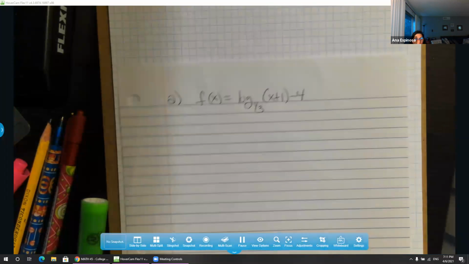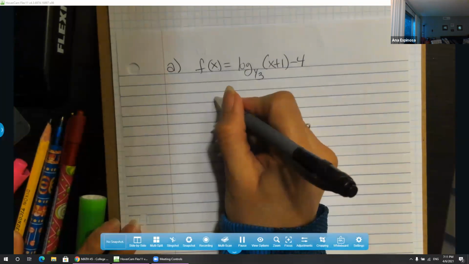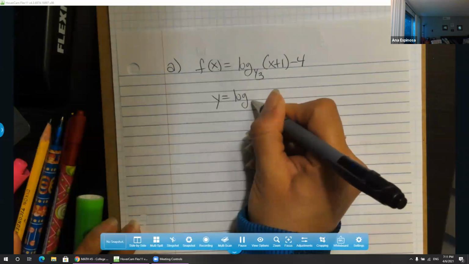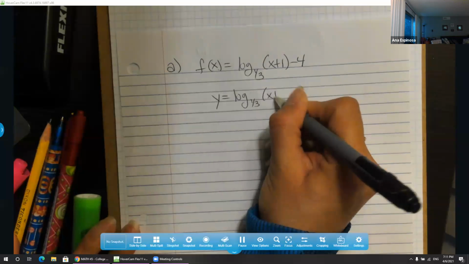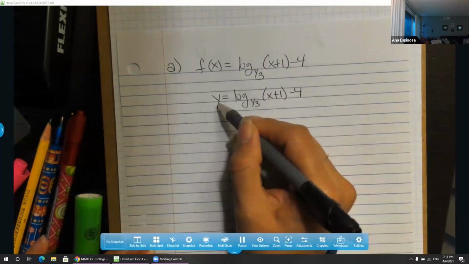Now the media can probably describe it differently, and they might explain differently. I don't care what way you do it, as long as you show me the work. First things first, make f of x into the letter y. Next step, change the x's to y's and the y's to x's.